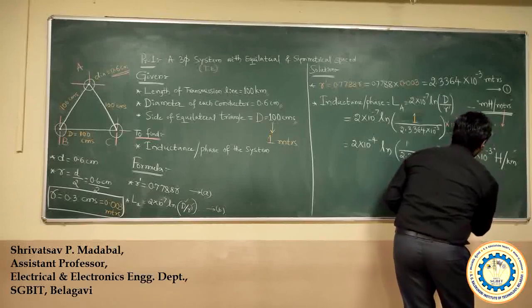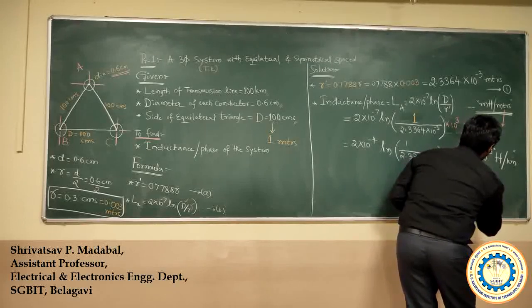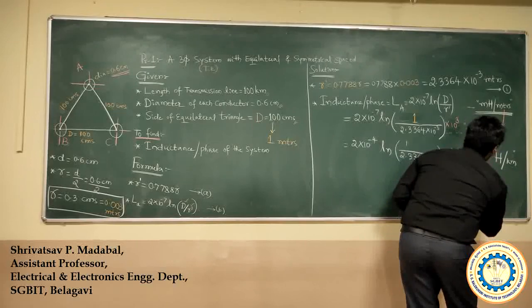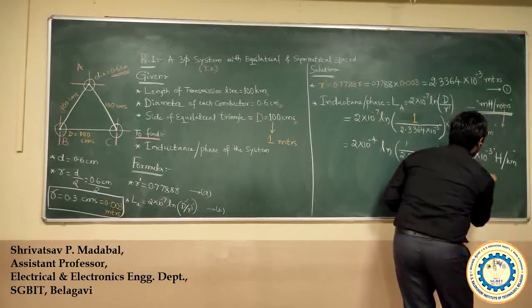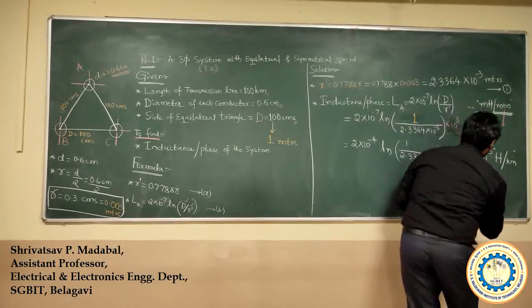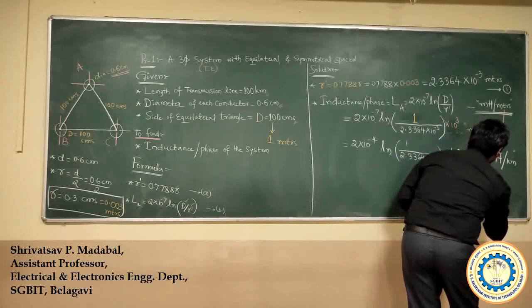Always go for 4 places after the decimal. So 10 raised to minus 3 I can remove, and write it as 1.2118 millihenry per kilometer.